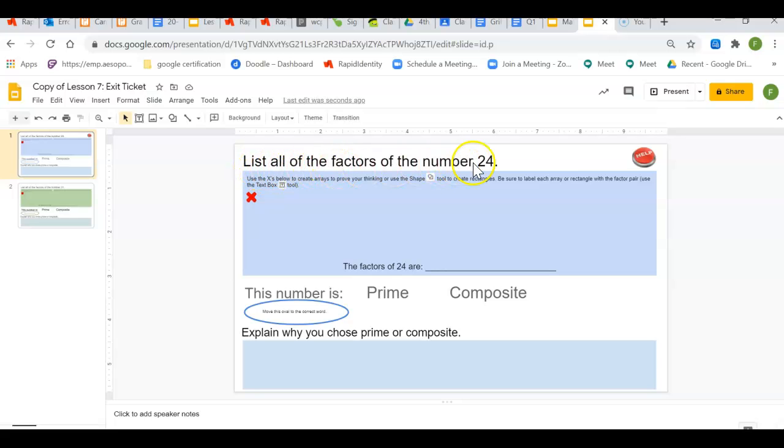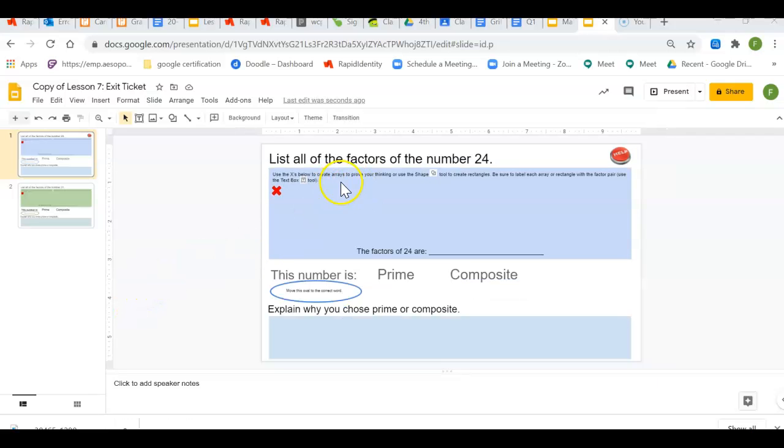It says list all the factors of the number 24, and use the X's below to create arrays to prove your thinking, or use the shape to create rectangles. So there are a couple of different ways that you can answer this first part. Again, you can use these X's below to create arrays to prove your thinking, or you can use shapes.